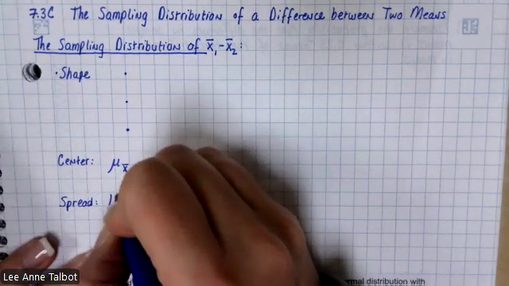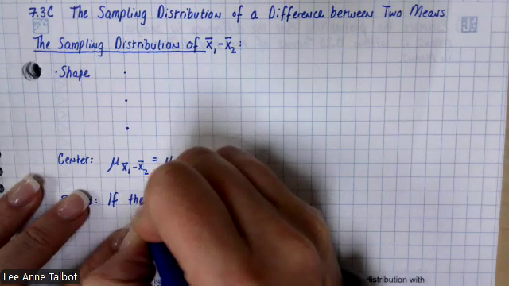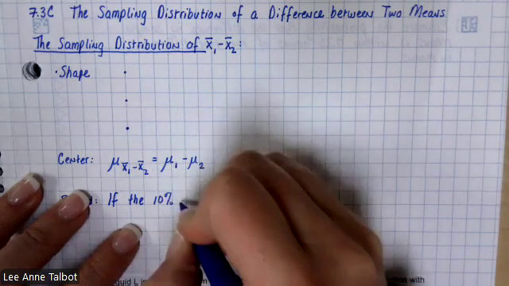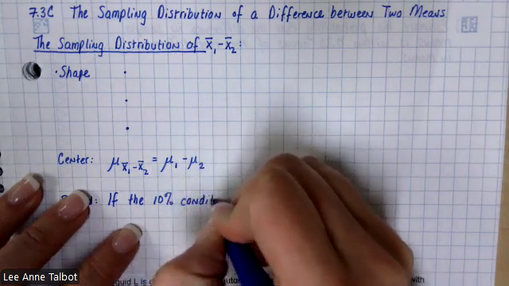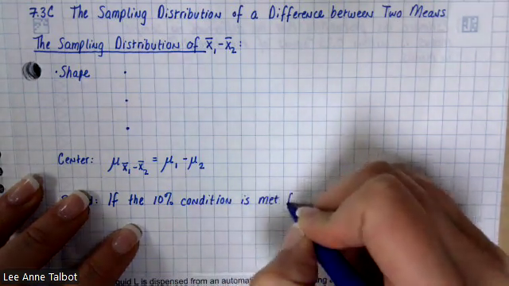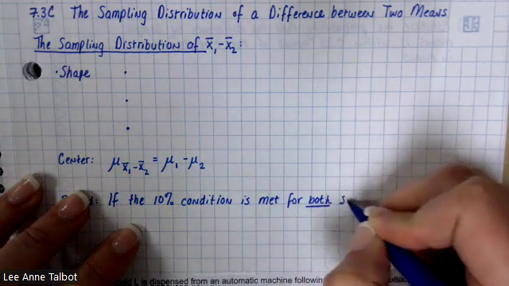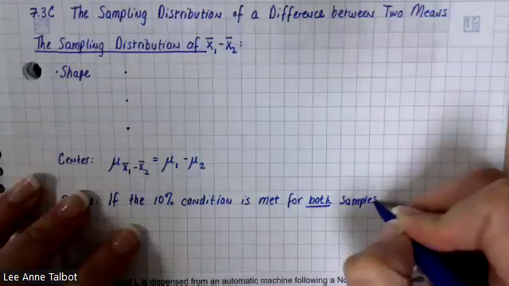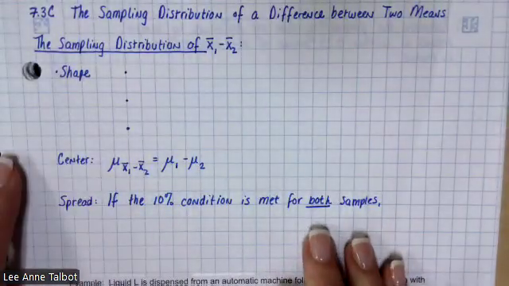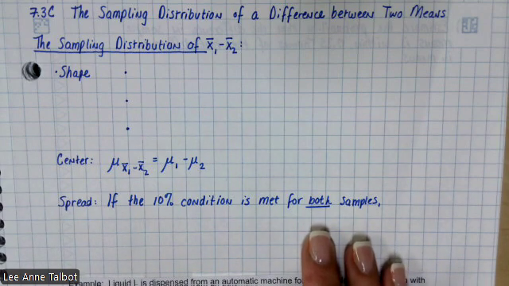Okay, so if the 10% condition is met for both samples. And remember, we did one like this before where it was p-hat and it was annoying because you have to check twice. So it's not a big deal, but you do have to check twice.